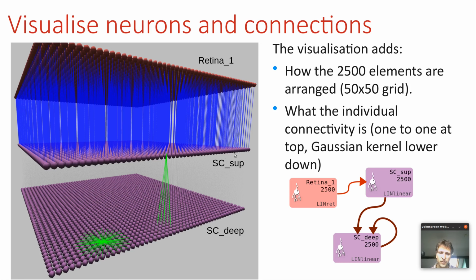And then from the superficial layer to the deep layer of the superior colliculus, we've got this Gaussian connection, which means that, this is only showing connection from one source neuron with these green lines to the SC deep layer. But you can see that each neuron sends projections in a kind of widening or splaying pattern. So one neuron in the source connects to multiple neurons in the destination. And then these green lines here show you that there is some recurrent connectivity within the layer as well. That's this recurrent arrow here.